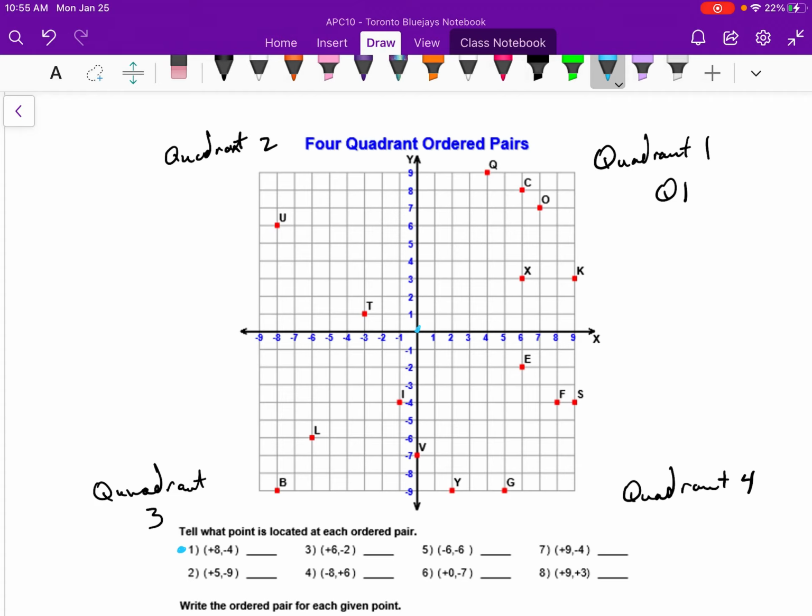Since the x coordinate is positive, I move in the positive direction. So I count 8 spaces in the x direction, -4 in the y. So what we're able to see is point 8, -4 corresponds to the letter F.